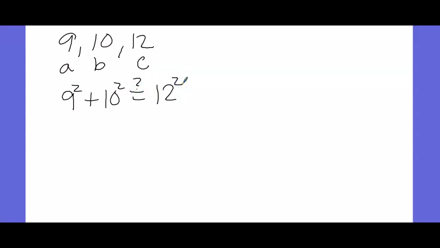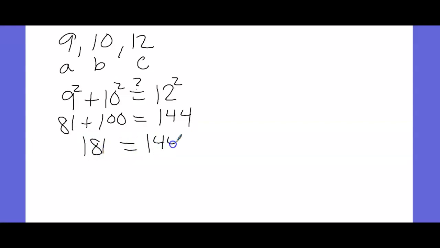What's 9 squared? 81. What's 10 squared? 100. What's 12 squared? 144. What's 81 plus 100? So does 181 equal 144? No. So is that a right triangle? No. So on that line you would write no or not a right triangle.